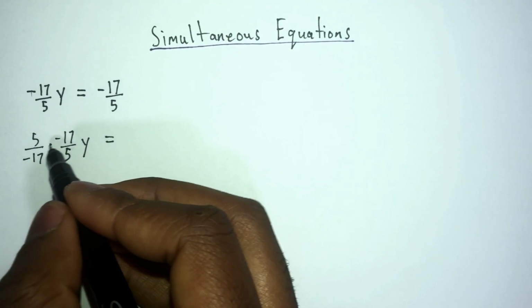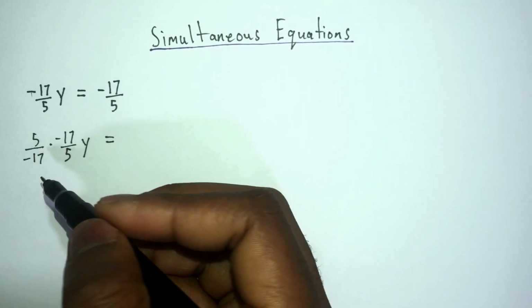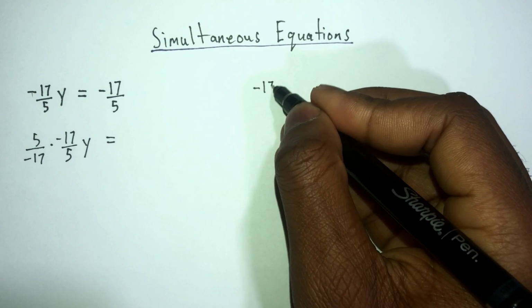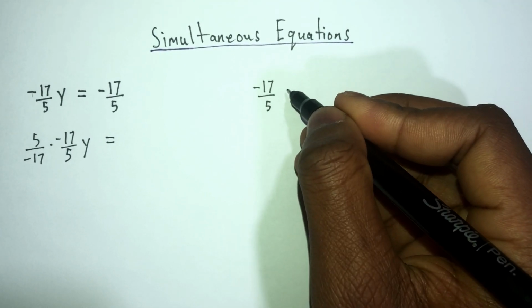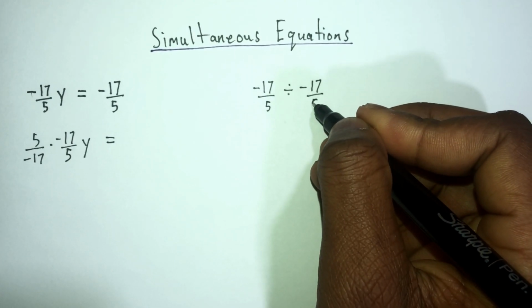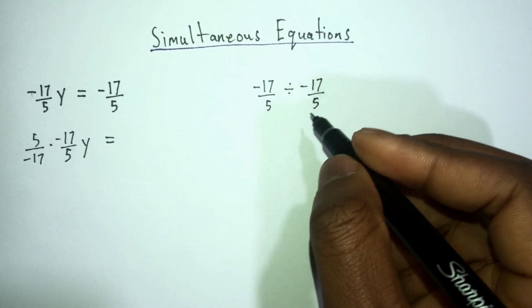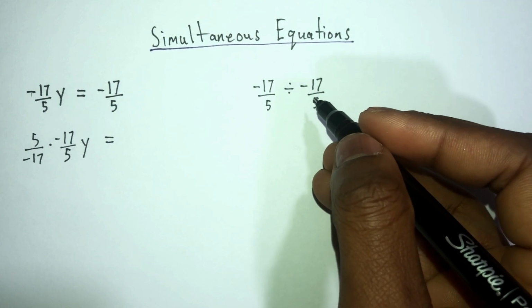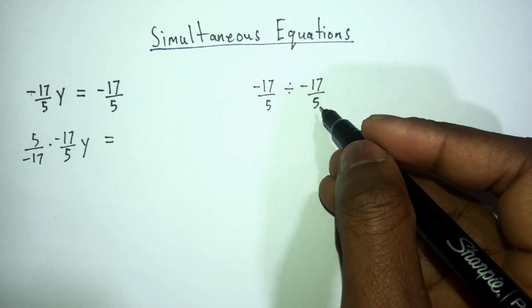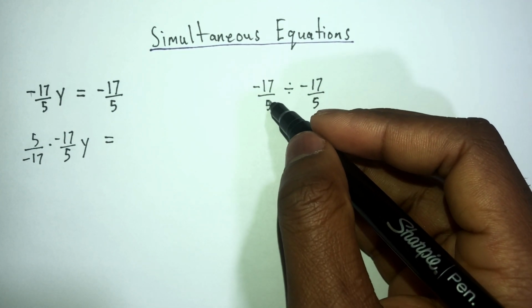And let me show you how I arrived here. So I'm dividing negative 17 over 5 by itself, which is negative 17 over 5. And when we're dividing fractions, we have to find the reciprocal of the divisor and then use it to multiply the dividend.